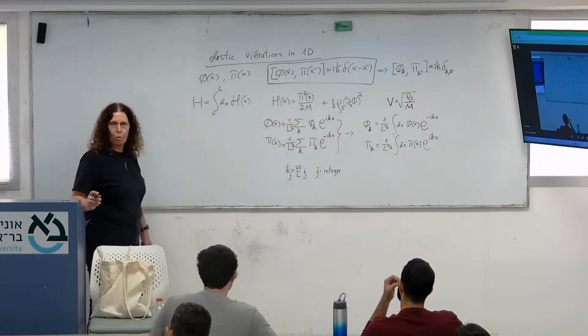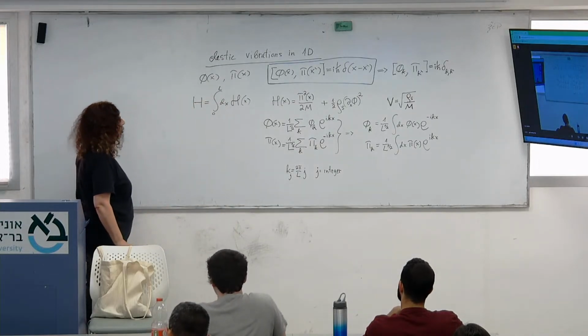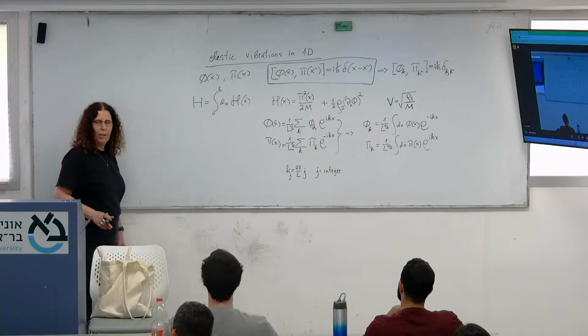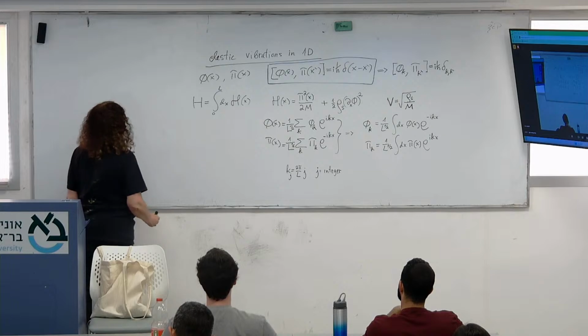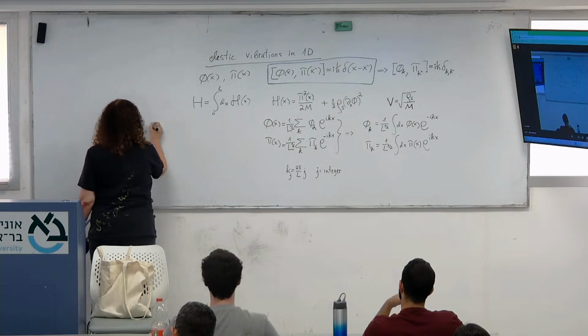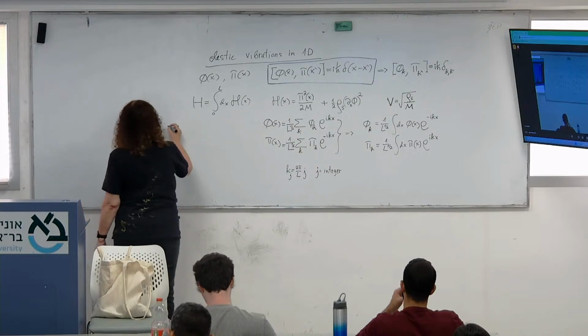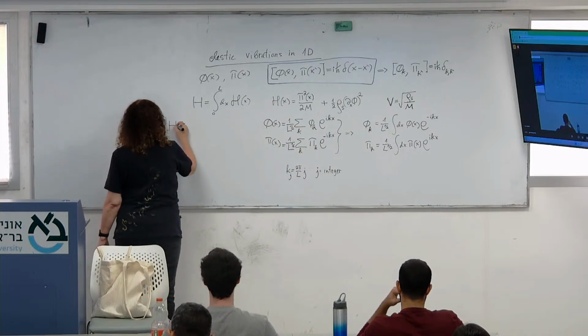So I'm not going through the calculation. I encourage you to do the steps on your own. It's a very, very useful exercise. But eventually what you get is the following expression.